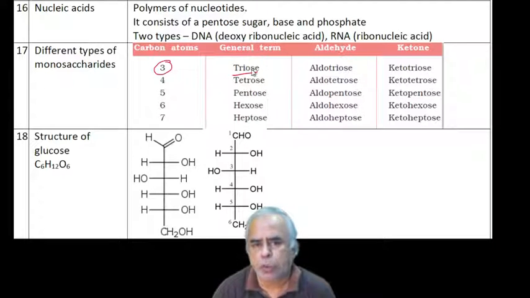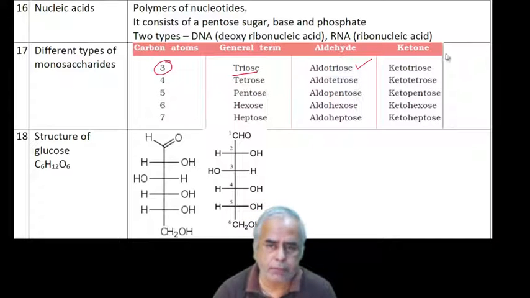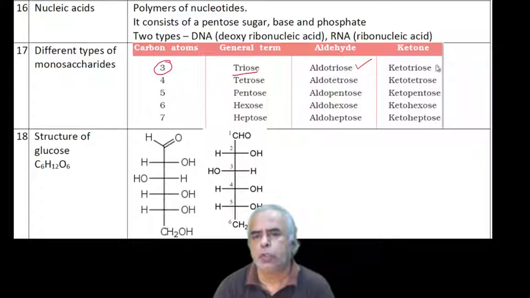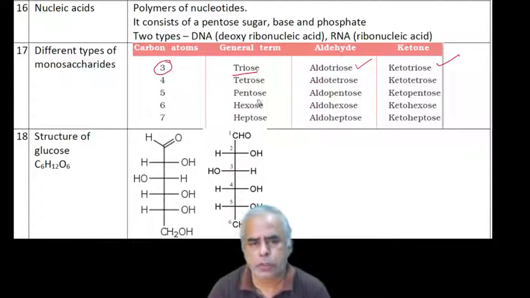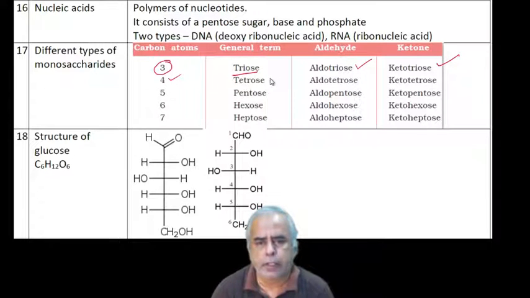As I already mentioned, ose is sugar, a saccharide. And if it is aldehyde based, then it is called aldotriose. If it has the potential functional group keto, then it's called ketotriose. So similarly for tetrose, aldotetrose, ketotetrose, and pentose, then aldopentose, ketopentose, hexose, so likewise we have.